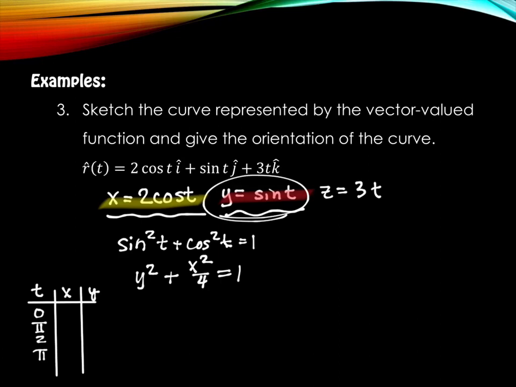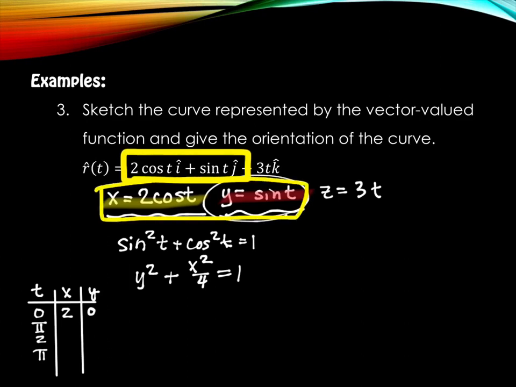So if I put in 0 for t, I have 2 cosine of 0. That would be 2. And if I put in 0 for the sine t, so sine of 0, I would get 0. If I put in pi over 2, 2 cosine pi over 2 would be, what's cosine pi over 2? 0, so times 2 would be 0.